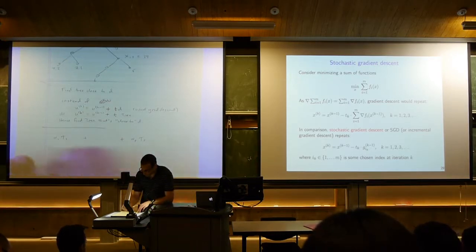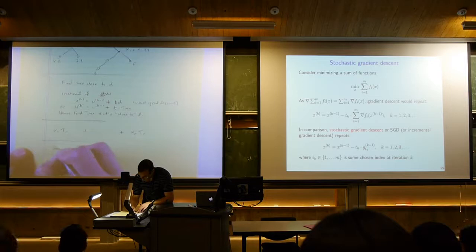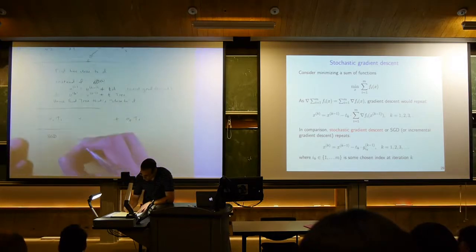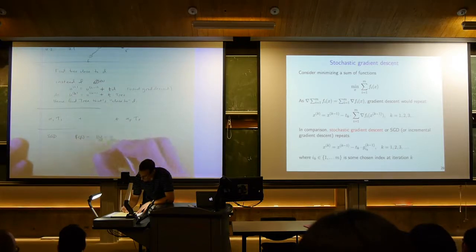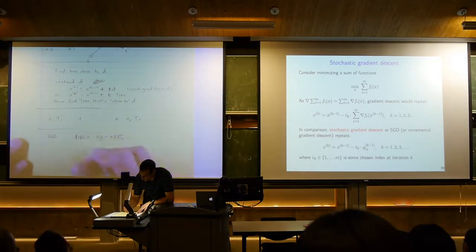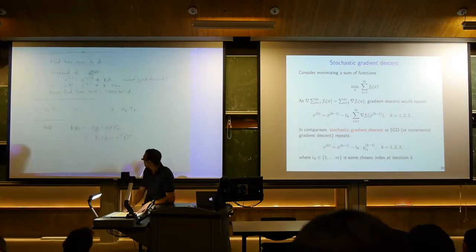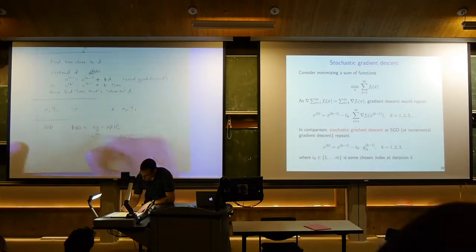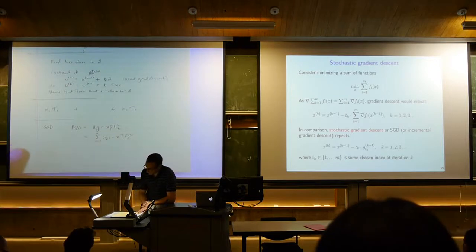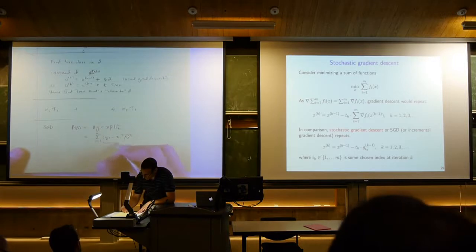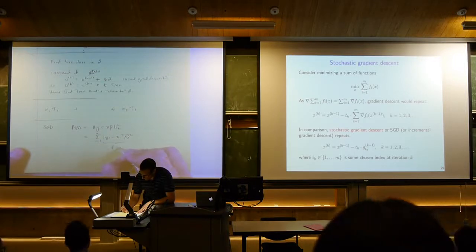So what are some examples of such a setup? Just think about, for example, the least squares loss. I can write least squares loss as the sum of (y_i minus x_i transpose beta) squared, i equals 1 to n, where x_i is the ith row of X. I can think of each of these as f_i of beta.